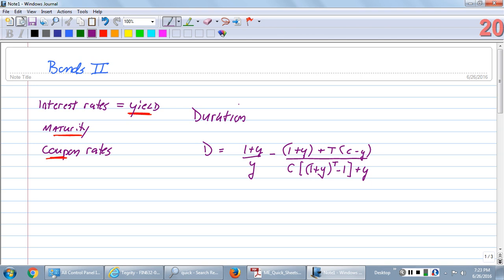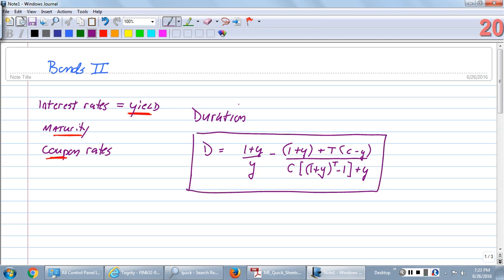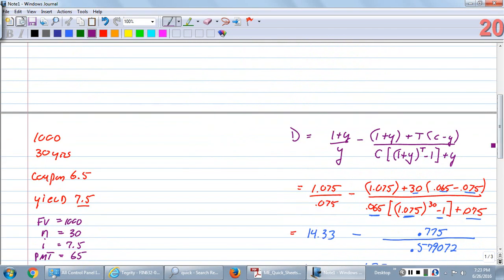And that's why duration's a pretty important concept in bond portfolio management, because we are trying to manage the effects of interest rates. Just like with stocks, remember, we're trying to manage our market risk, our systematic risk. We want to build a portfolio that will have sensitivity to the market that we're comfortable with.